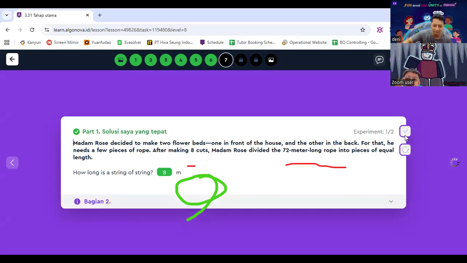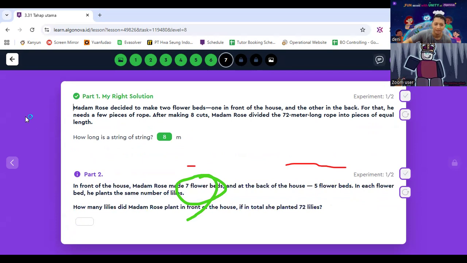So the answer should be eight. Because you do eight cuts, you will get nine parts. And each part is 8 meters long.